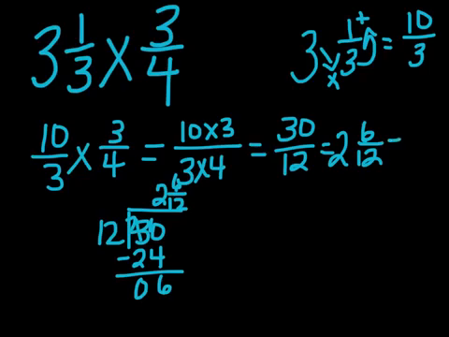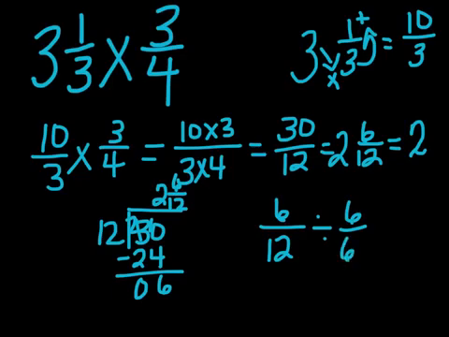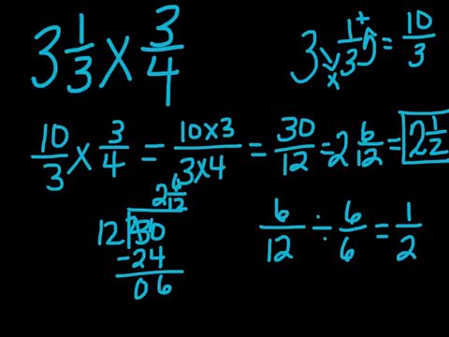So 6/12, they're both even numbers, so they absolutely can be reduced. So just move your whole number over and then take your fraction and reduce it. And you have to decide what can go into both a 6 and a 12 equally. And 6 can go into both of those equally. So 6 divided by 6 is 1. 12 divided by 6 is 2. So my answer is 2 and 1/2.